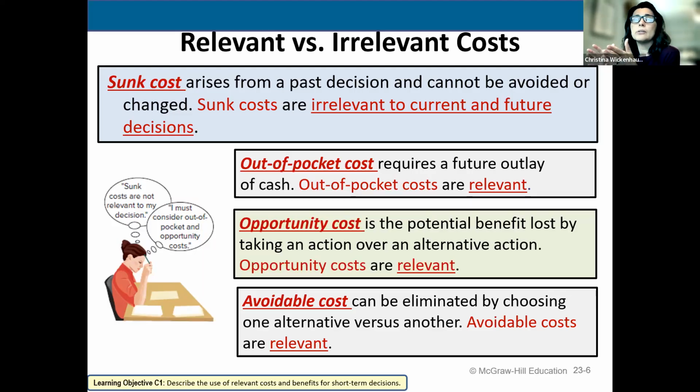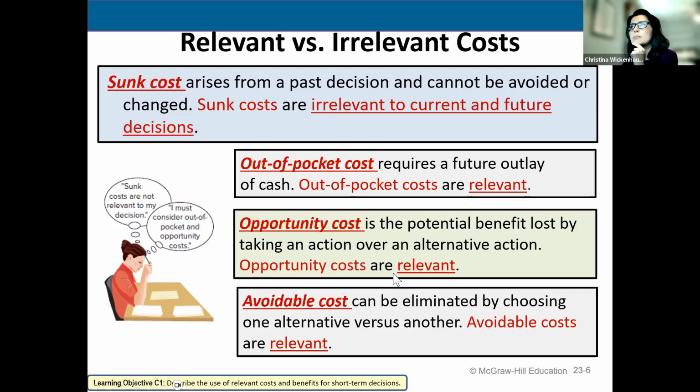If I decide to go the route of the cheesecake, the opportunity cost is going to be whatever I projected the income to be from the sourdough bread making, right? And so those are going to be very relevant to our decision-making process, or else how could we know that cheesecake is the better way to go unless we saw exactly the difference between one option over the other?